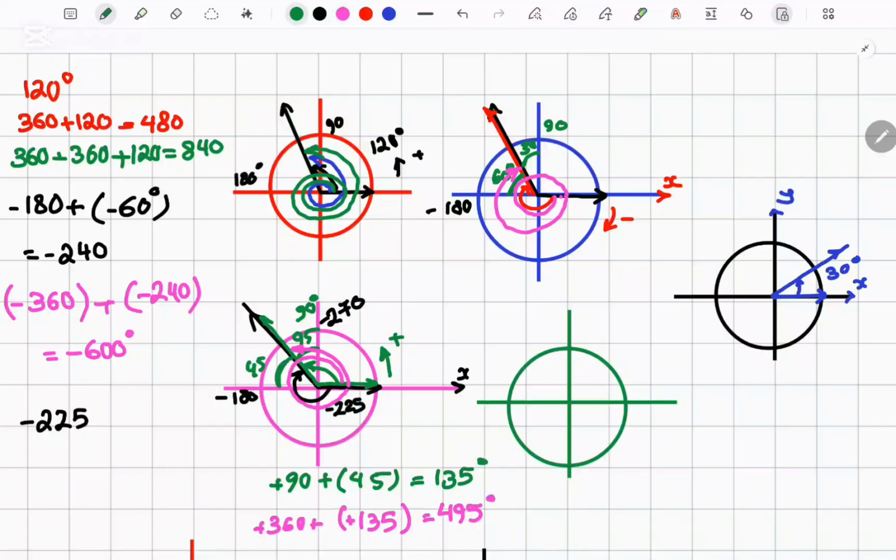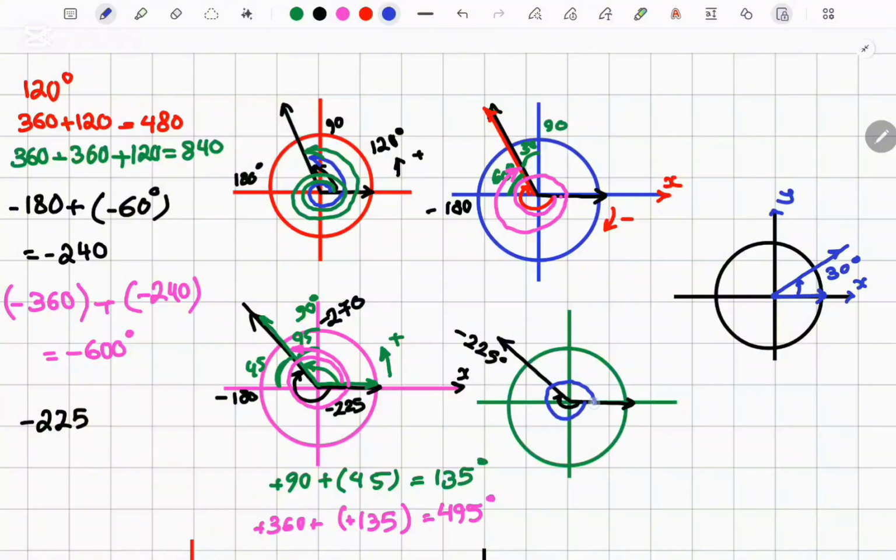So yeah. And now let's talk about the first negative coterminal. So first, we're going to show the angle in the standard position. It was negative 225, which is this one. So let's first talk about the first negative coterminal angle. So look, I have to end up in the same place and it has to be negative, so I have to go clockwise. I'm going to start from here.